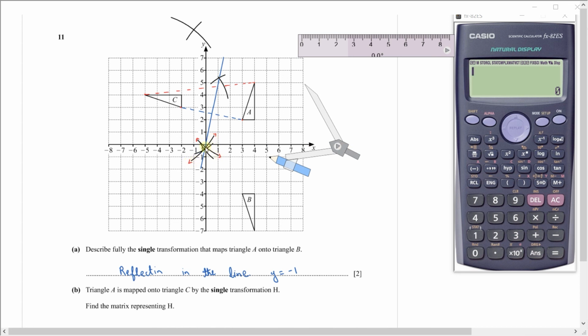So these two intersect at this point. So now I will draw another line bisector, and both this green line and red line, the two line bisectors, they intersect at the origin. So your center of rotation is 0, 0. So let me just erase all of this now.